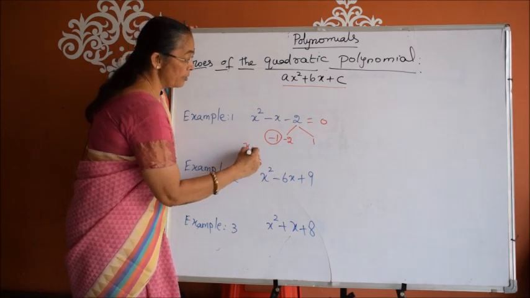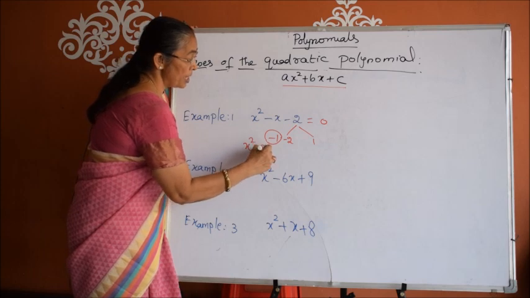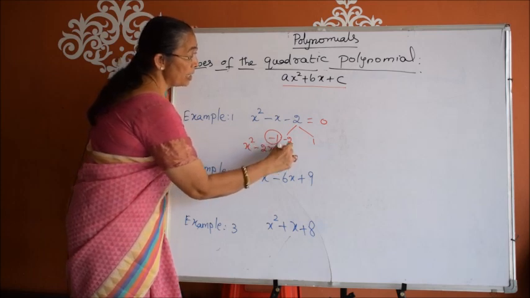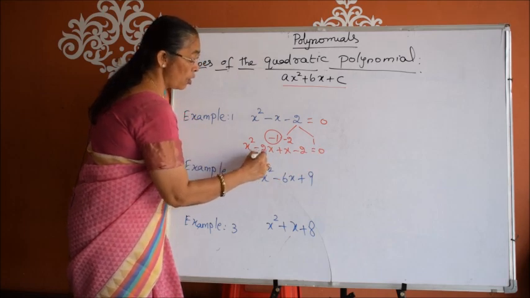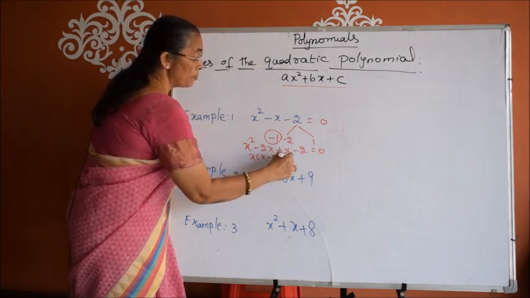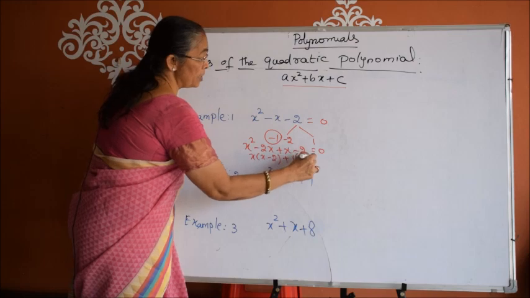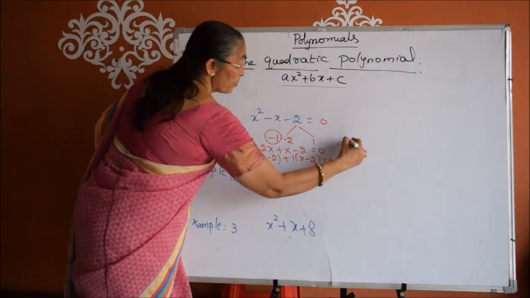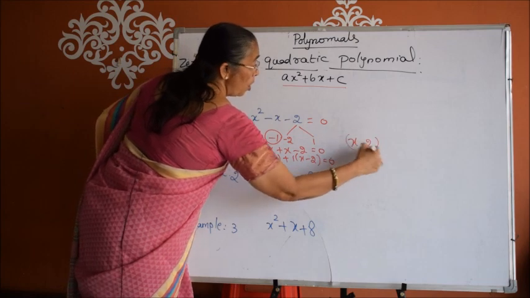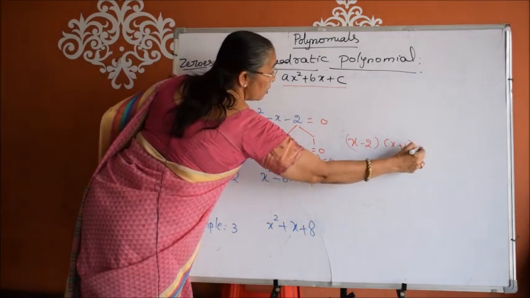So, I can write this as x square minus 2x plus x minus 2 is equal to 0. So, x times (x minus 2) plus 1 times (x minus 2) is equal to 0. This gives me (x minus 2)(x plus 1) is equal to 0.